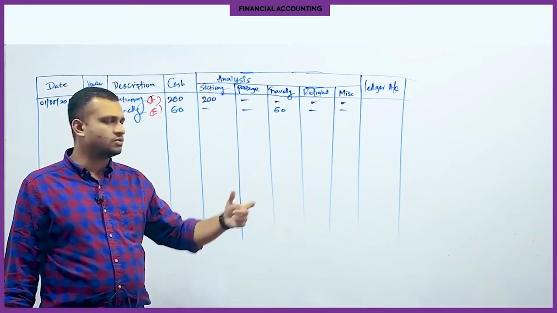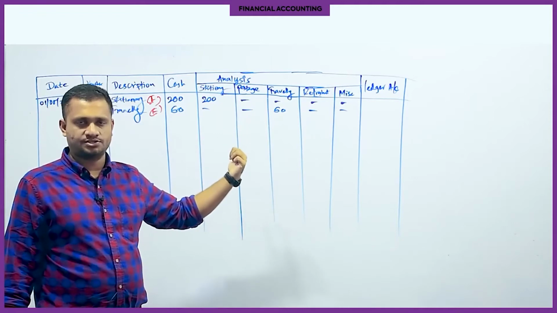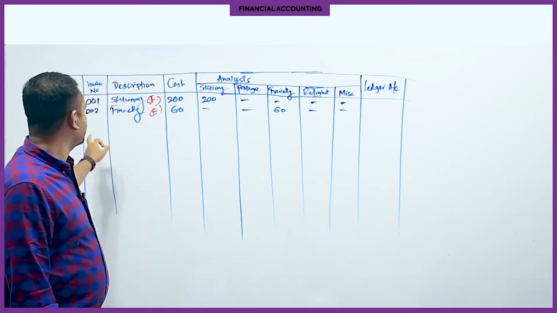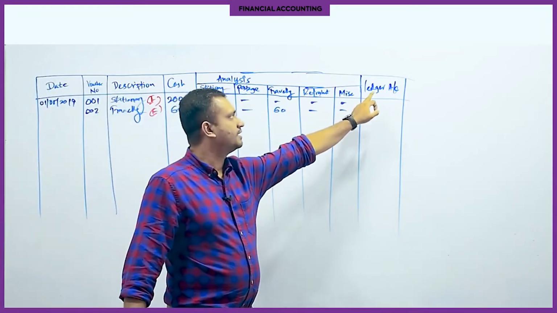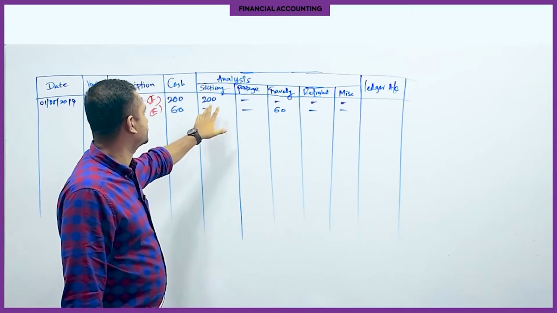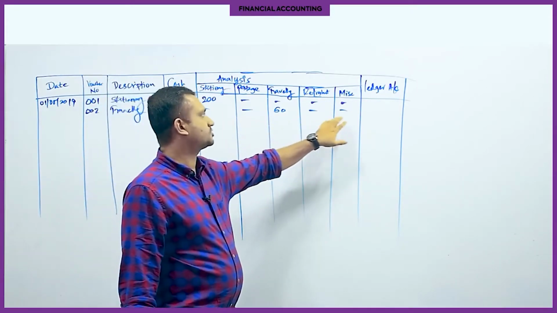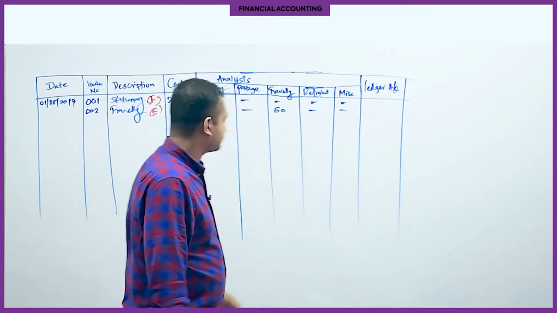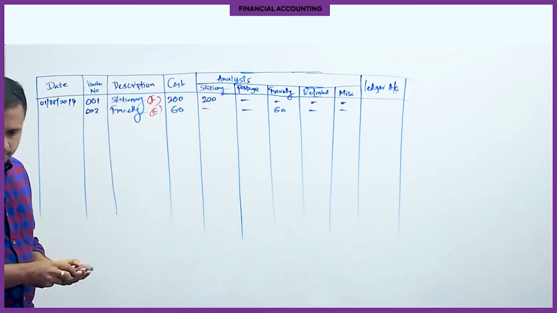You pay that 1000 from the petty cash. That 1000 is called carriage inwards, and it comes under a separate ledger account. It is not stationery, postage, travelling, refreshment or miscellaneous.